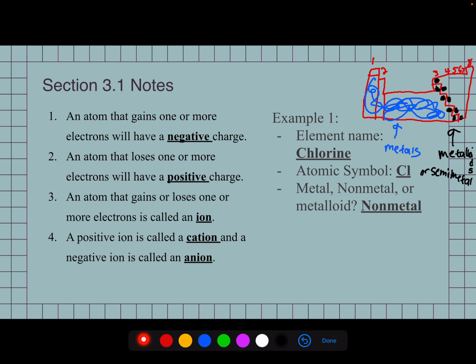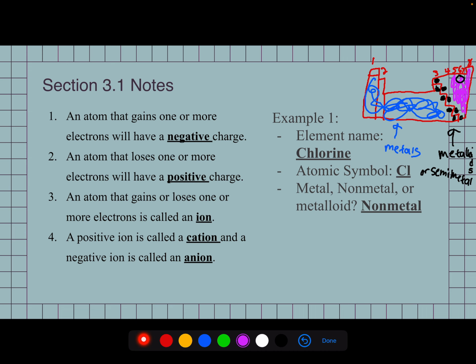Okay, and then you have all these other elements that are over here. If you find it, there is an element inside there called oxygen, which is right here. Oxygen is a very important element for us. Why? Because we use that to breathe.